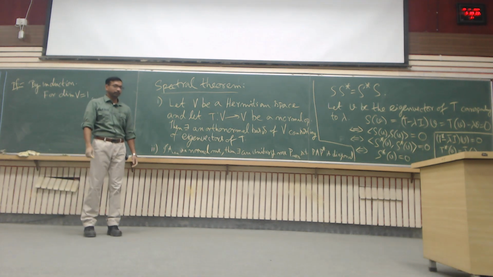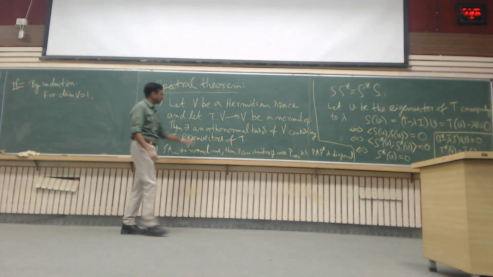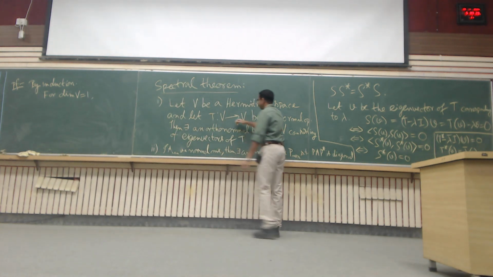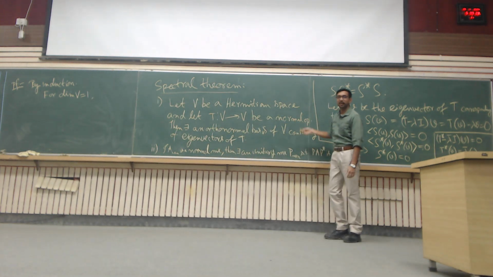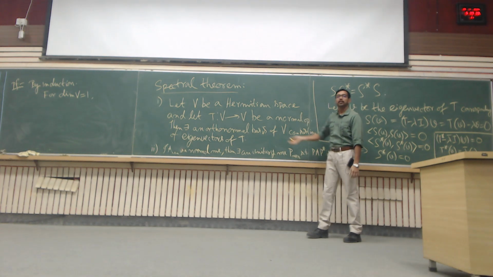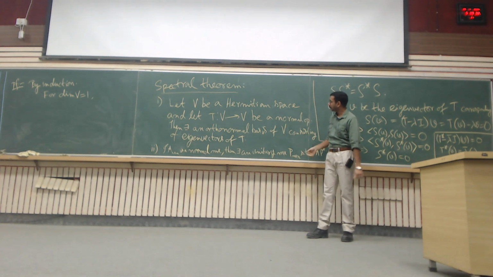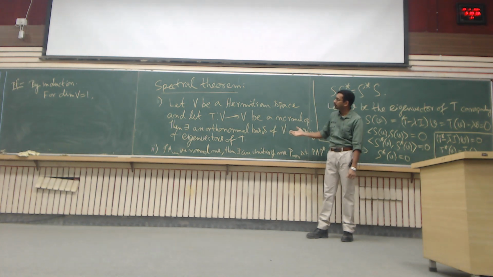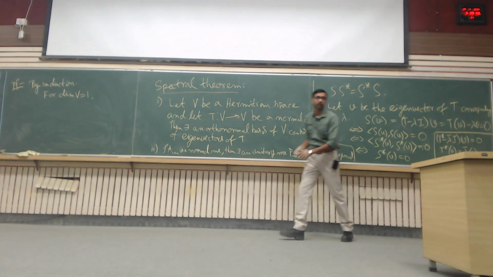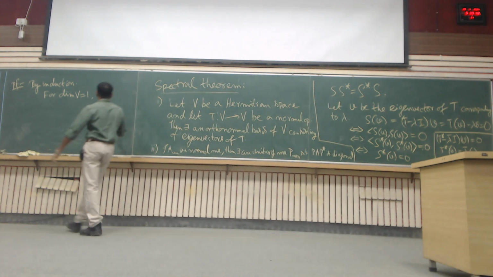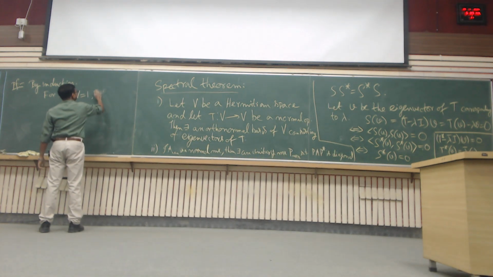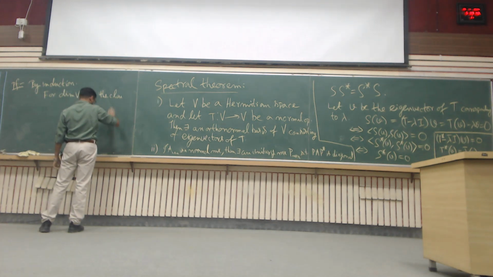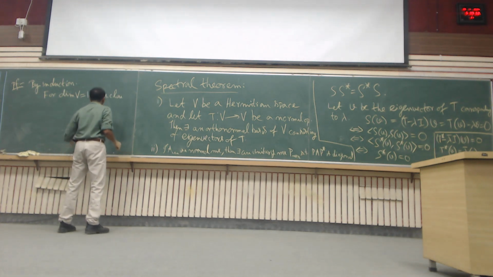If dimension V is equal to 1, suppose we have some operator from V to V, you take some basis, and you know that it's a Hermitian space, so you can normalize that. So for dimension V equal to 1, the assertion is trivial.